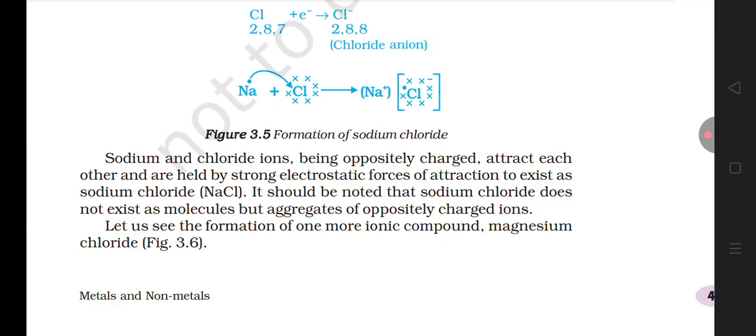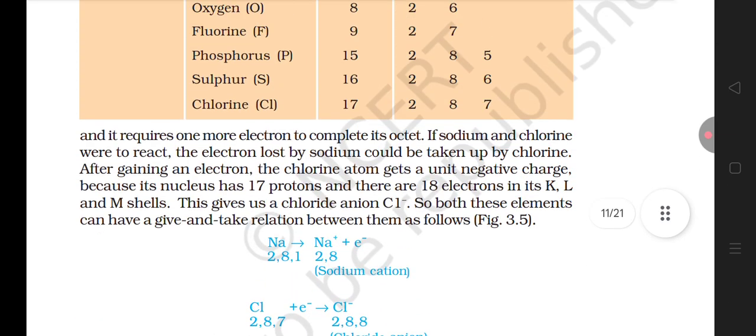Let's see the formation of one more ionic compound, magnesium chloride. Before I tell you how magnesium chloride is formed, let's first understand the formation of sodium chloride. It's very simple.